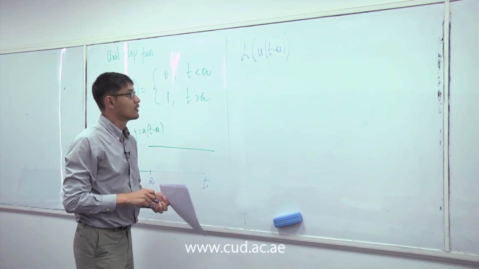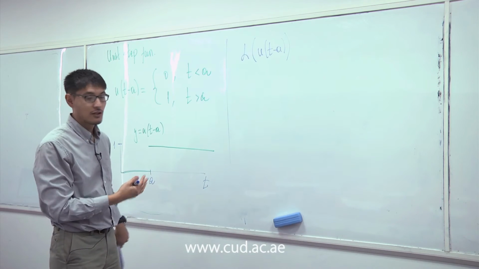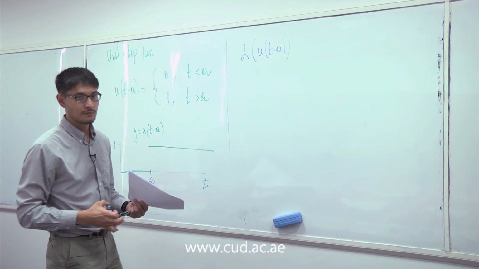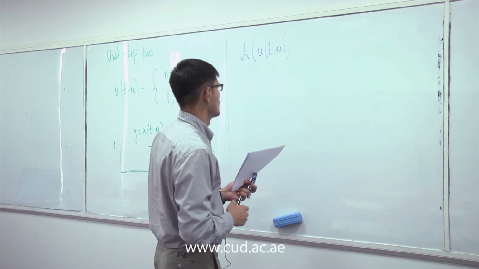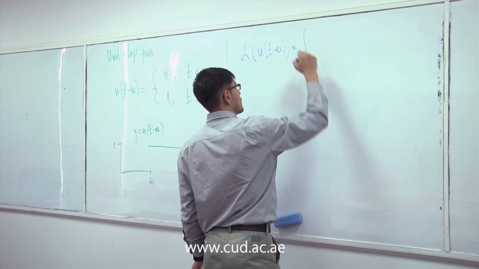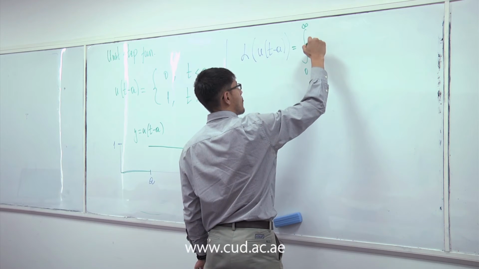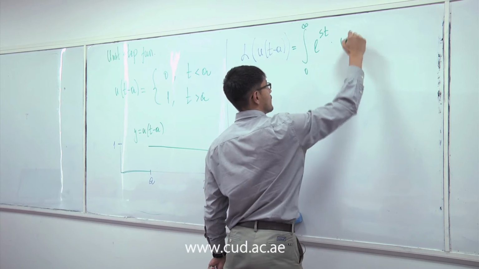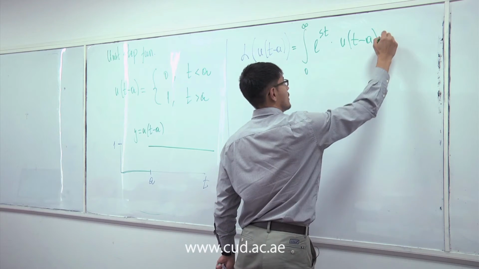To find the Laplace transform of the function, we will use the original definition of the Laplace transform. Recall the original definition: it's the integral from 0 to infinity of e to the minus st times the function.